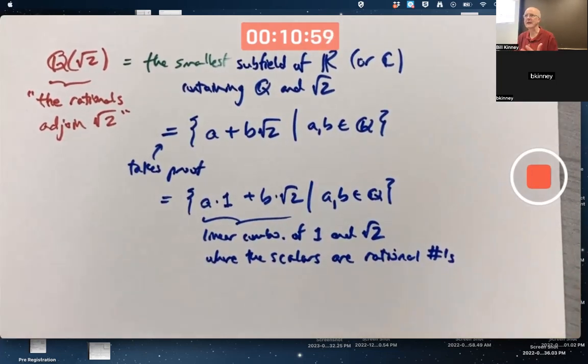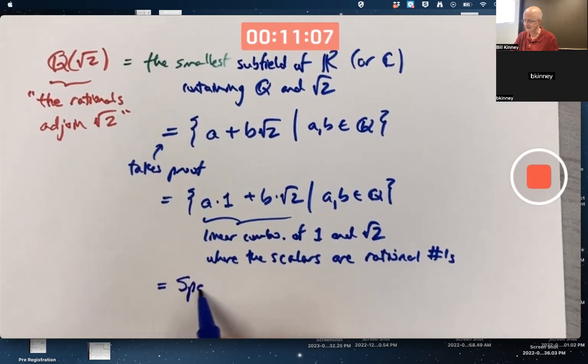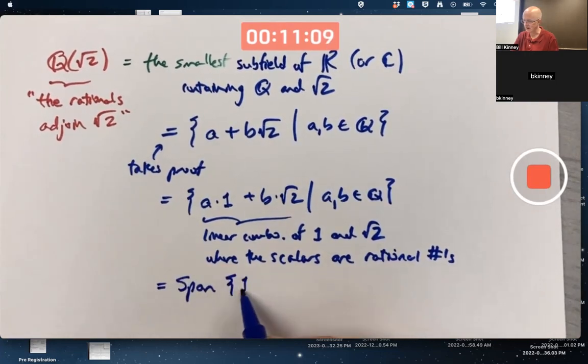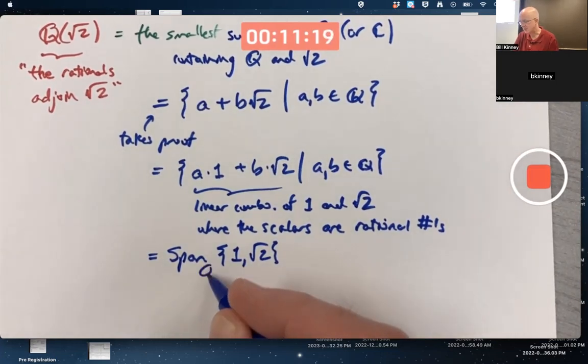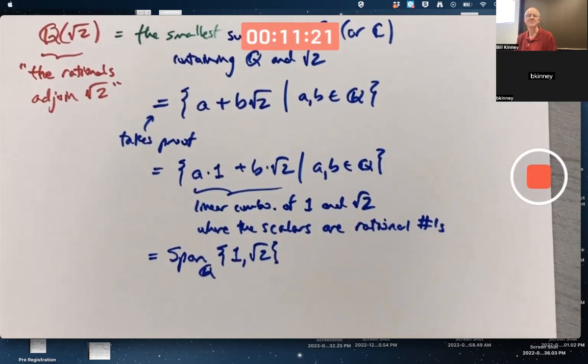In other words, you can relate this to linear algebra. You can say this is the span of 1 and square root of 2, where maybe we should emphasize the scalars are rational numbers in this notation in some way. Maybe put a Q for a subscript here.